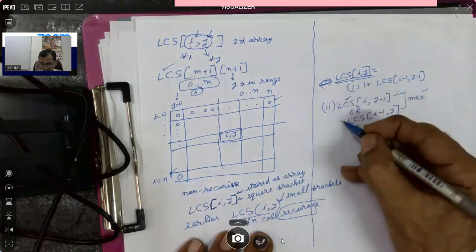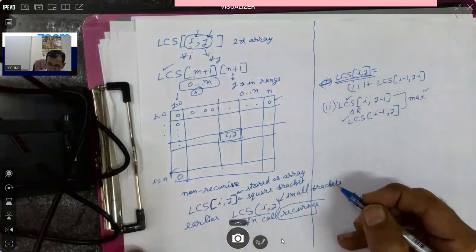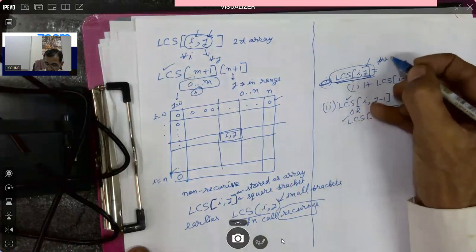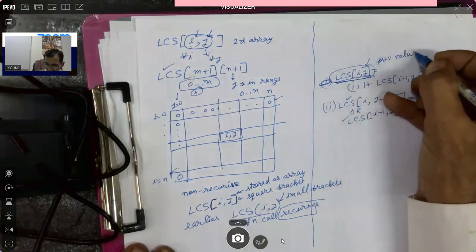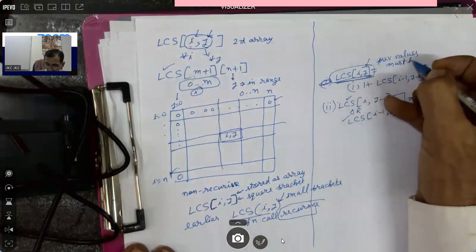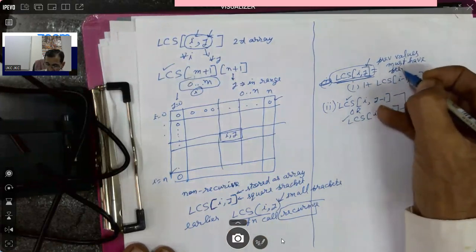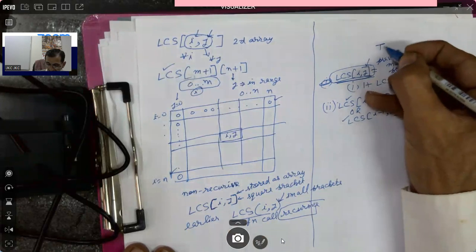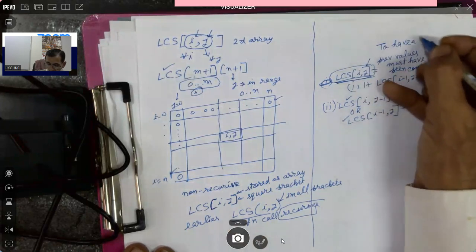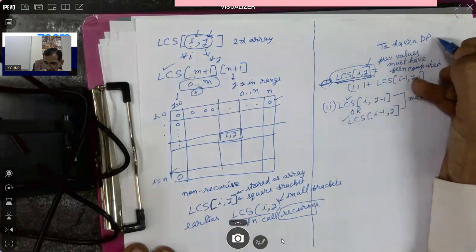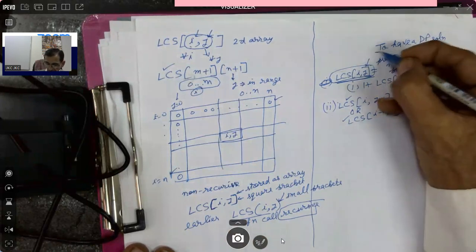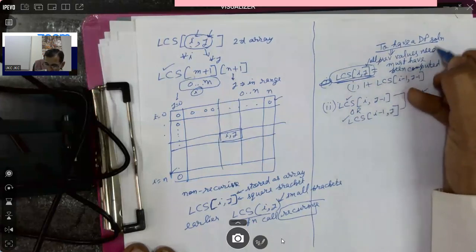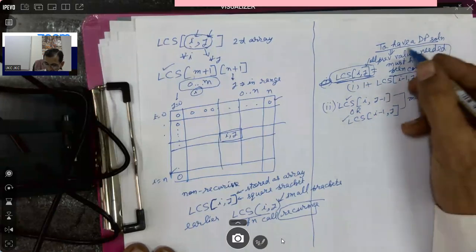So I needed both of these to be known. I want to ensure that whenever I'm calculating LCS ij, the previous values deciding this value must have been computed. Only then I can have a bottom-up solution, and only then recursion and function calls will be avoided. To have a DP solution, all previous values needed to solve this must have been computed.